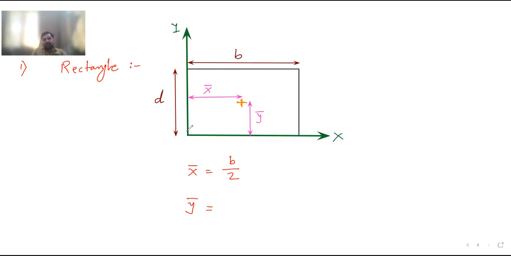This is at the center. So if this total is d, then y bar will be d by 2, and the area of rectangle is b into d. This is the area, b into d. This is your first figure, rectangle. This is the formula for rectangle.